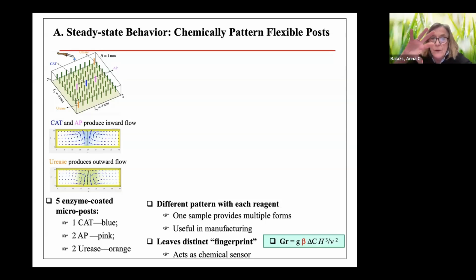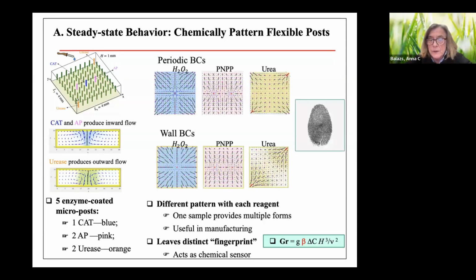So I have all of these present, but I'm going to add the different reactants sequentially. If I add hydrogen peroxide, it's only the catalase that's activated. If I add PNPP, then it's only the acid phosphatase. And if I add urea, it's only the urease. So this one system can make multiple patterns.